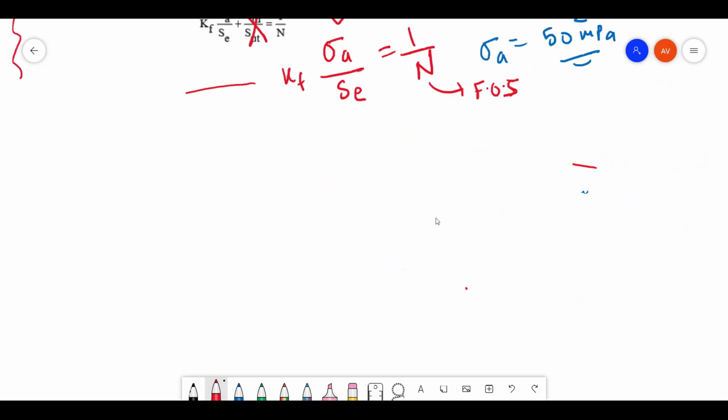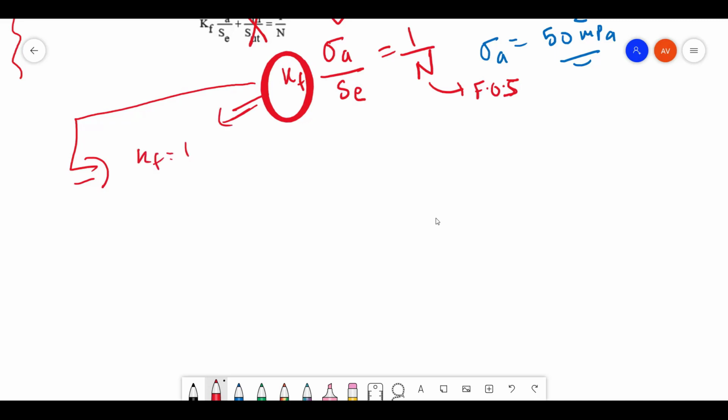Okay, so now when you use this, here you are not given anything about any particular factor, so therefore you can take Kf to be 1, and your sigma a we found out to be 50 MPa, and your endurance limit is given to be 100 MPa.